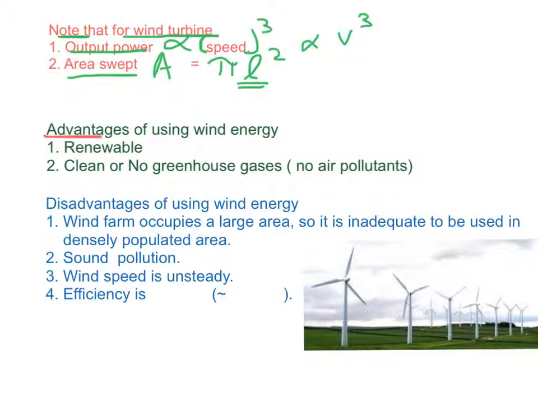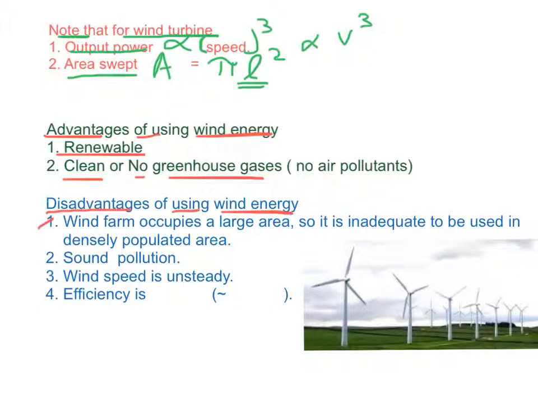The advantages of using wind energy: it is renewable and clean. That means low greenhouse gases are produced. However, there are disadvantages of using wind energy.